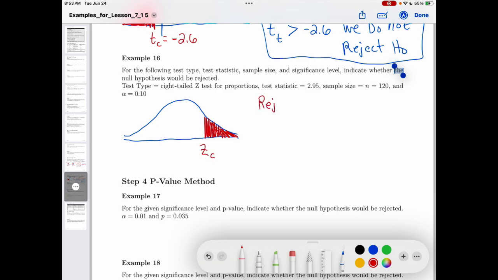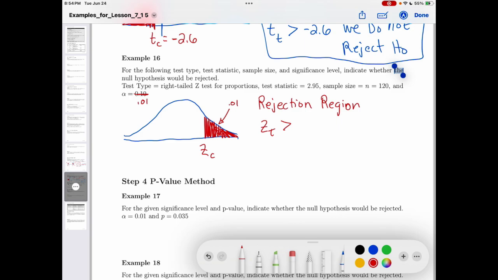So our rejection region is if our test statistic is greater than our critical value, which we need to find. Our alpha level is 0.01, so our area in that tail is 0.01.